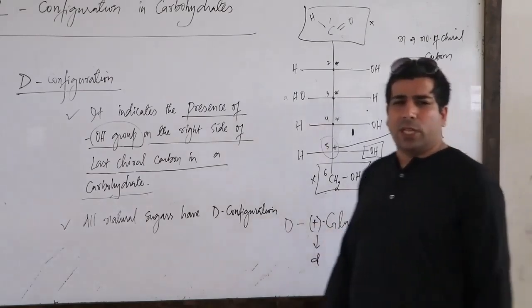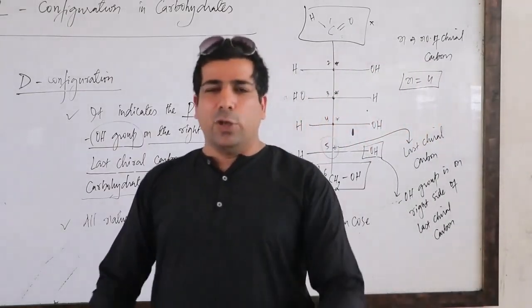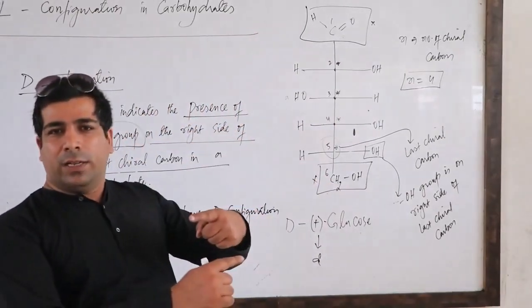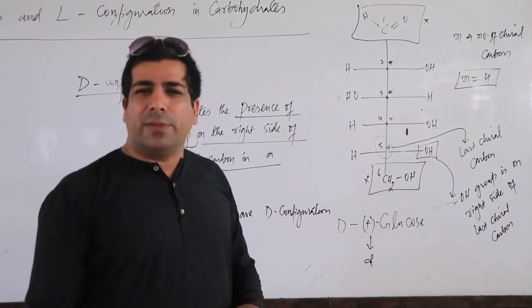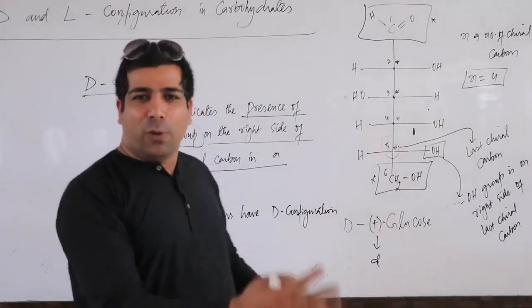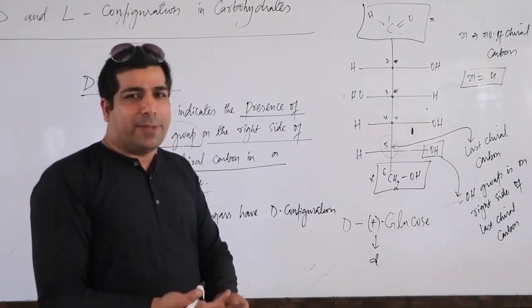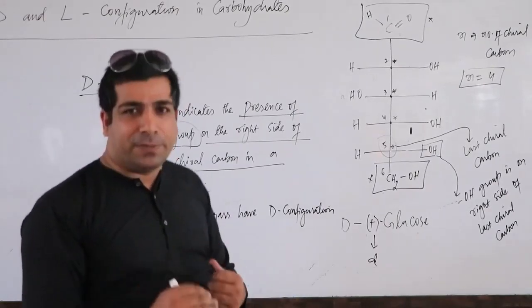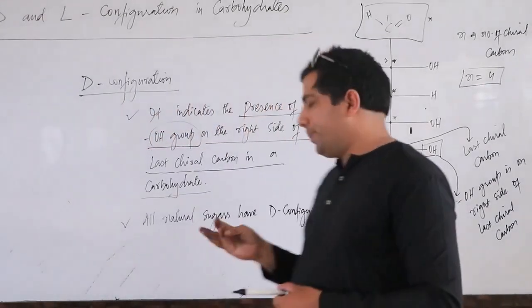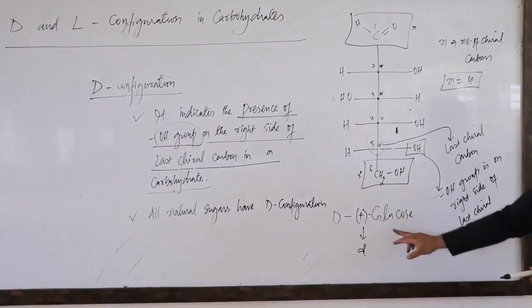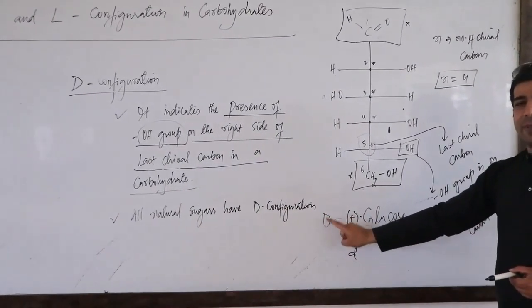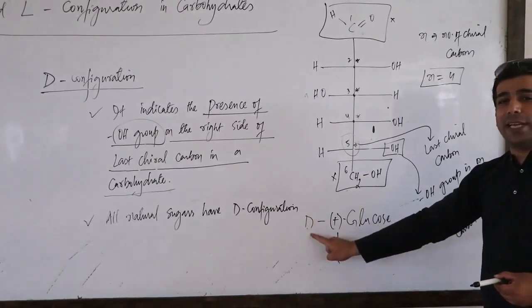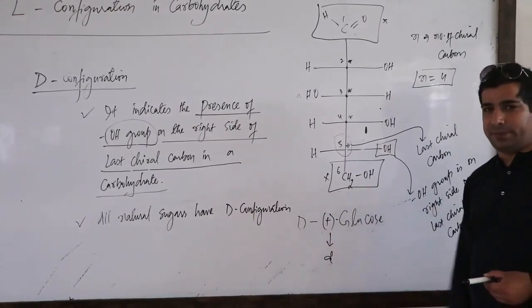There are other terms also like alpha, beta. You'll be thinking of alpha, D plus glucopyranose. Those terms can be explained later. I am explaining only as much as we have read here. Is it clear? So have a look. This is your D plus glucose. D stands for the presence of the OH group on the right side of the last chiral carbon.